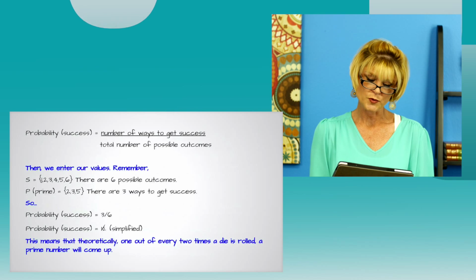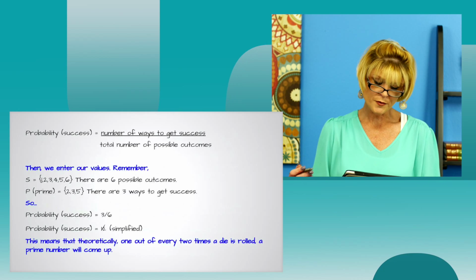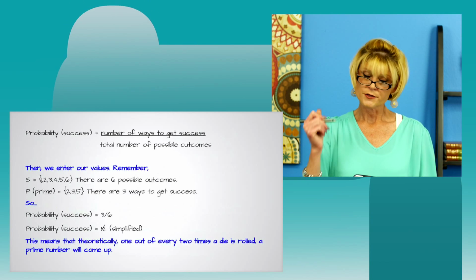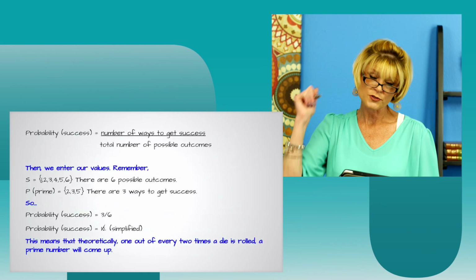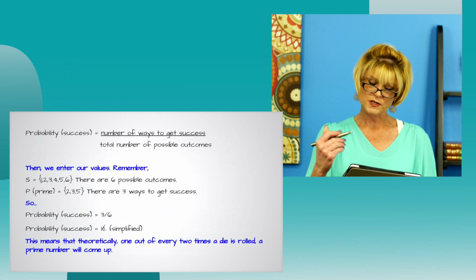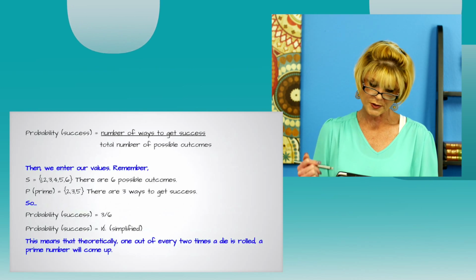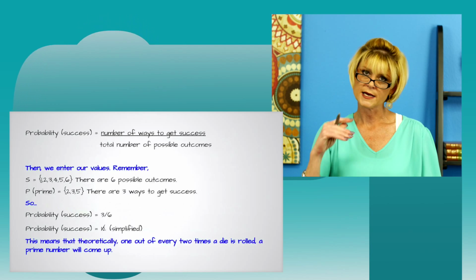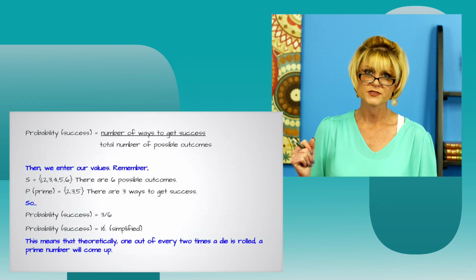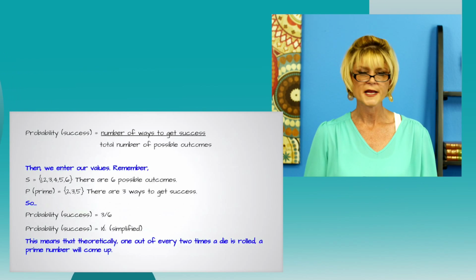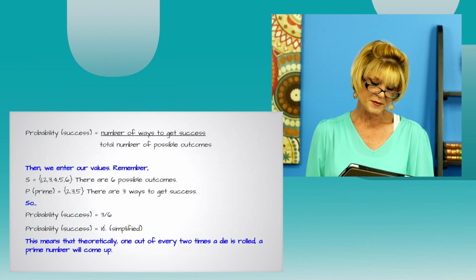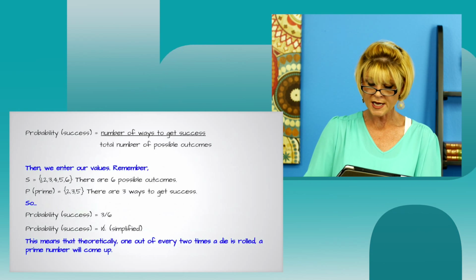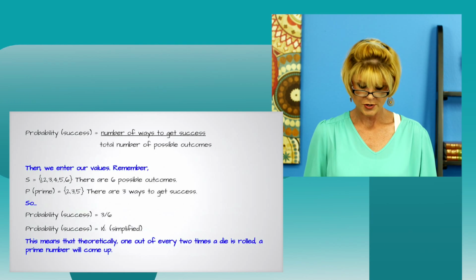For this example with the die, there's 6 possible outcomes and 3 ways to get success. So the probability of success is 3 out of 6, which is 1/2 once we simplify it. That means that theoretically, 1 out of every 2 times a die is rolled, a prime number will come up.